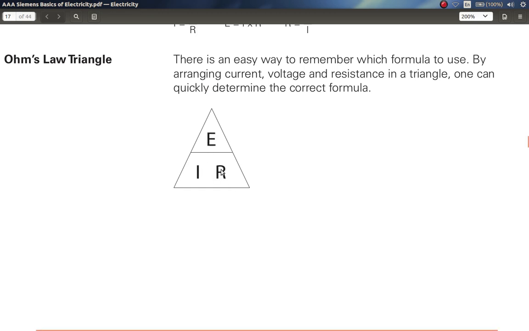If you cover R, because you want resistance, you see voltage over current, E over I. If you cover up I, you will see E over R. I equals E over R. Current is voltage over resistance. So this is the Ohm's law triangle. It is commonly called the magic triangle for some reason or another.